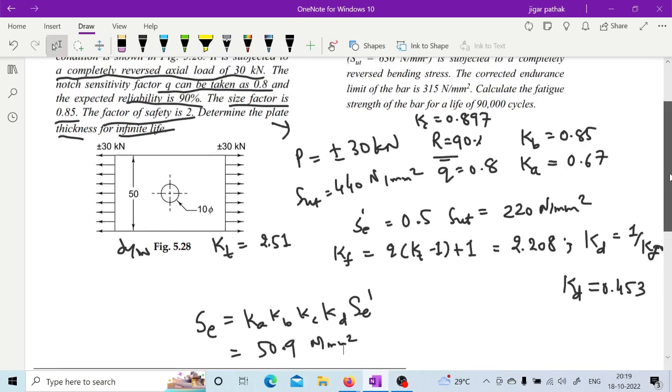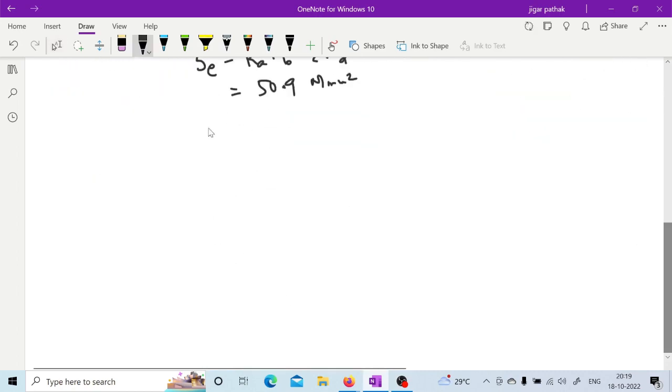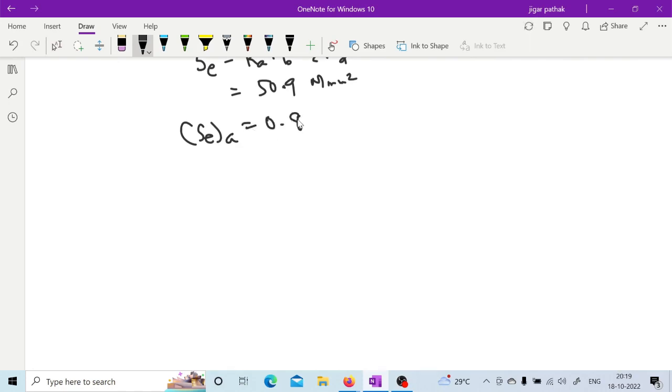By looking at this problem statement, if you remember what I have told, for axial load, here axial load is there, so further we will use that Sea is equal to 0.8 Se. So what is it now? 40.72 Newton per mm square.